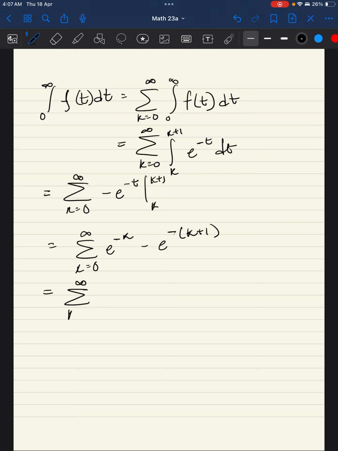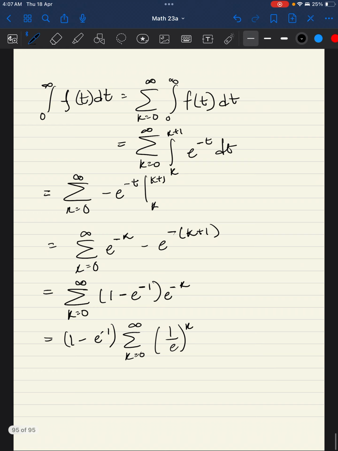The sum from k equals 0 to infinity of 1 minus e to the minus 1, times e to the minus k, which is equal to 1 minus e to the minus 1 summed over k equals 0 to infinity of 1 by e to the k.